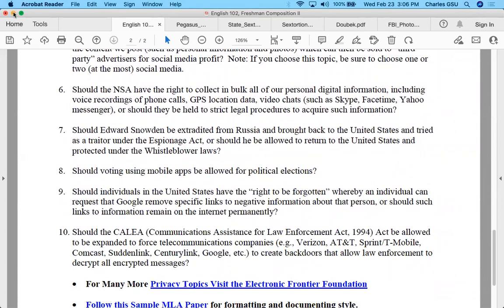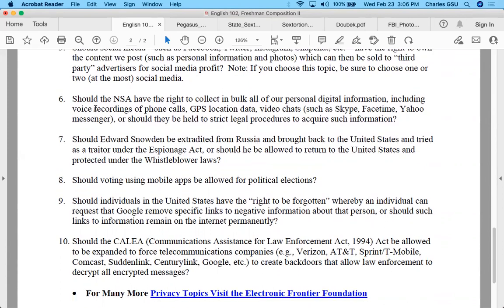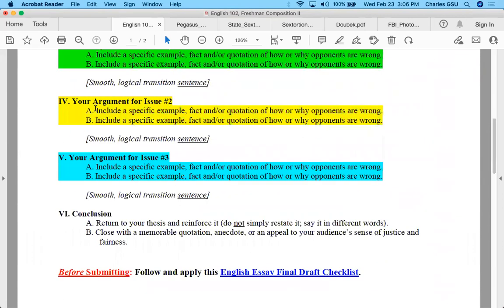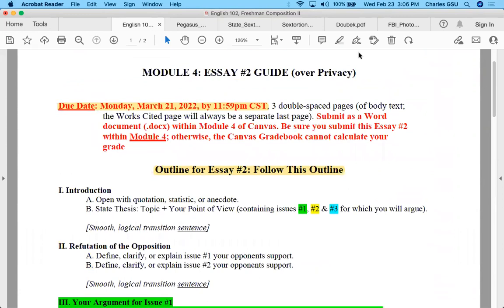But I first want to provide a little context and background, if you will, for this overarching topic of privacy.